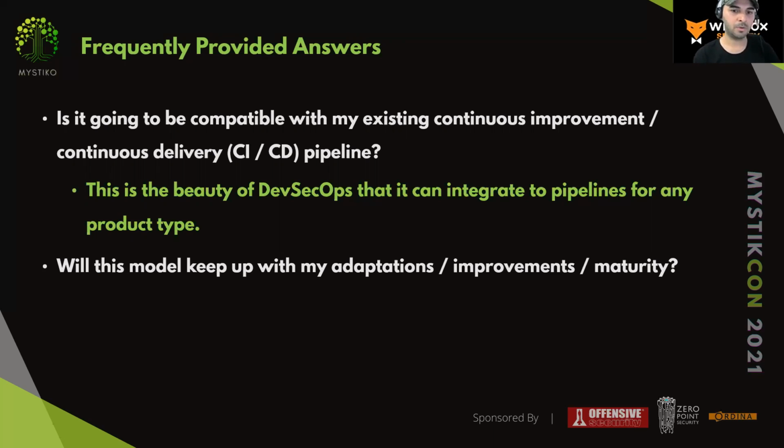Next thing is, will this model keep up with the adaptations or improvements in maturity? I think we covered that previously. Yes, because by the time you get to implement these tools in your CI/CD pipelines, you would go through this journey of maturing yourself, your whole security model, the security culture, and how you perceive shift left.